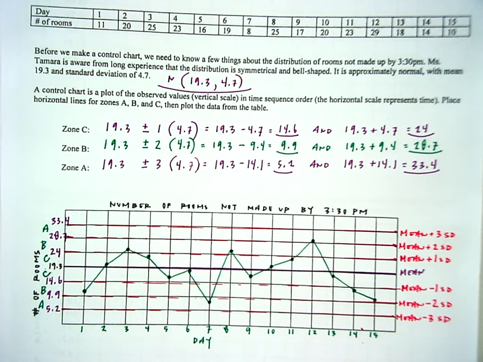Do I see anything that looks like an out of control signal that would alert me that our systems are not running smoothly? In this context, we'd be checking to see if we are overstaffed, if we are understaffed, or if there is some issue that we're not identifying in our system?